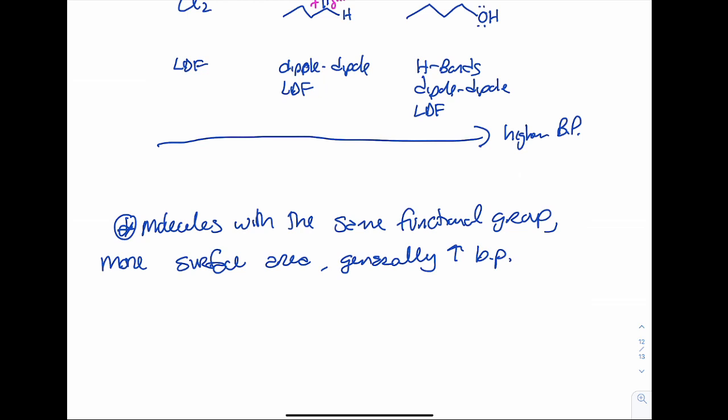Remember, our London dispersion forces are going to be higher if we have more surface area. So comparing one alkane to another alkane.